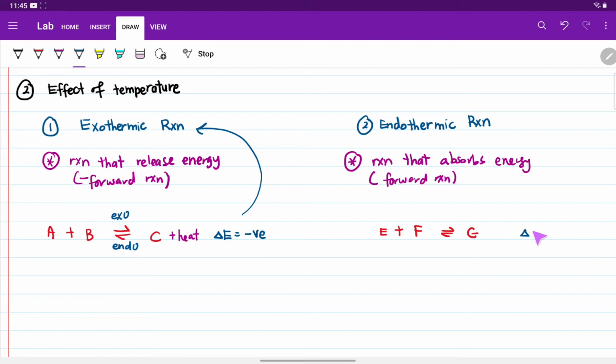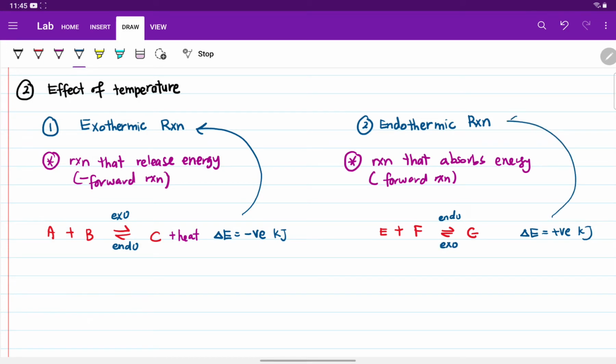Bila saya punya nilai delta E, nilai dia adalah nilai positif. Unit dalam kilojoule ataupun joule, unit energy. Okay, so kalau nilai delta E adalah positif, maksudnya forward reaction adalah endothermic reaction dan reverse adalah exothermic reaction.